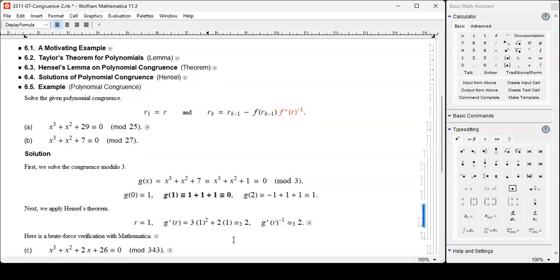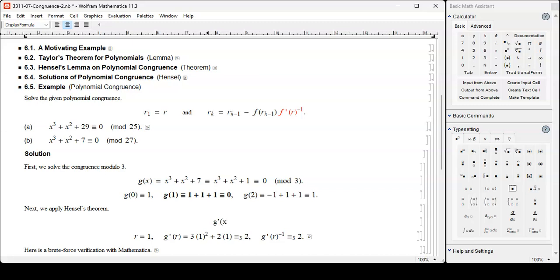Well, okay, let's calculate the derivative. So what's the derivative here? That's it, isn't it? Yeah, that's a derivative computation. And then I'm plugging in 1 in place of x.